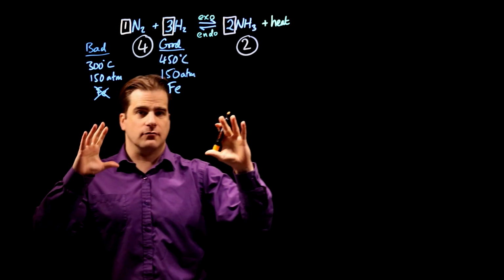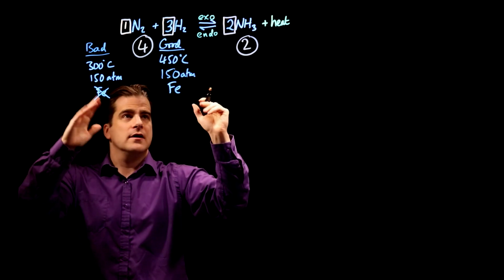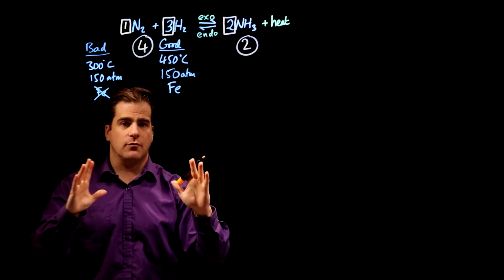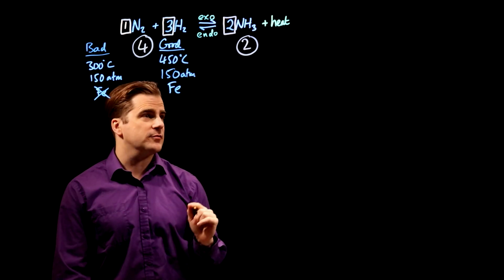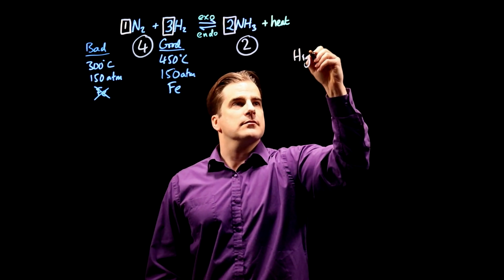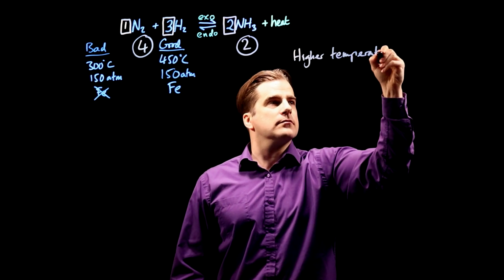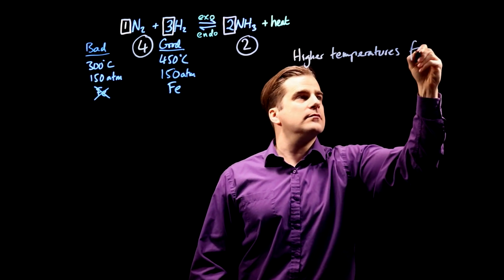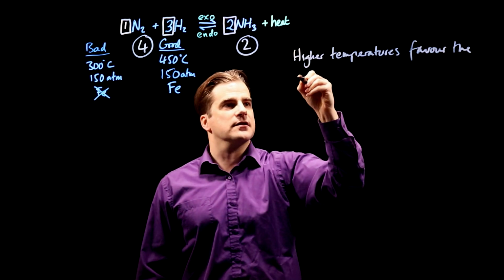Okay, so let's summarise how this position of equilibrium stuff works for temperature and pressure. For temperature, like we covered in the first part, higher temperatures favour the endothermic reaction.